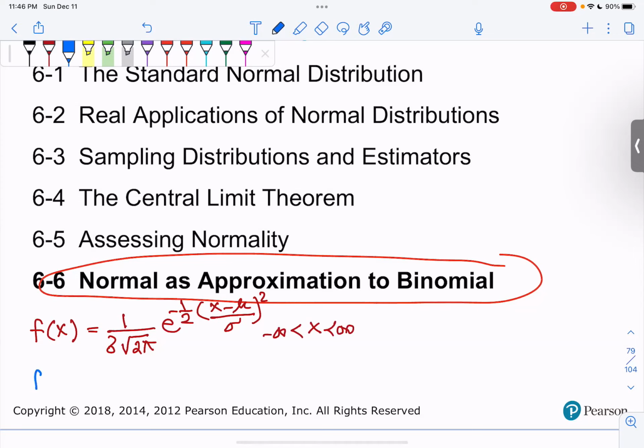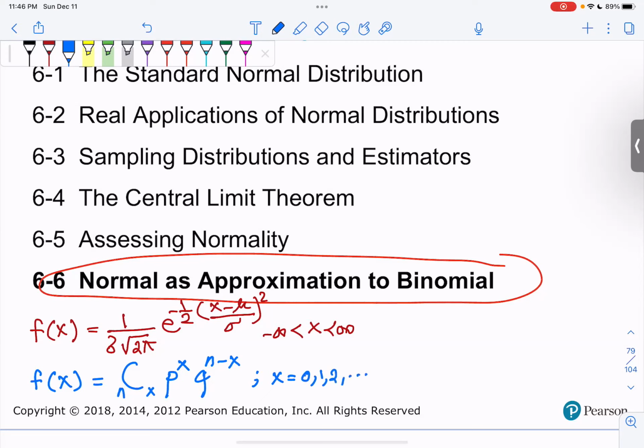And we have the binomial distribution, which is combination x from n, probability of success to the power number of success, and then probability of failure to the power number of failure, where x equals 0, 1, 2, till n.